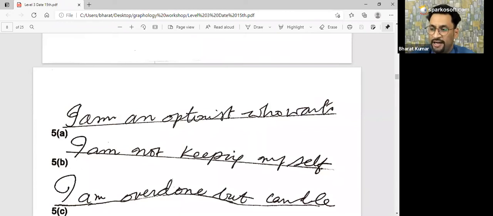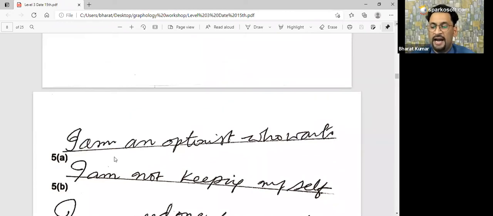Check this handwriting. I am an optimist. Listen, in the direction of the base vertical line of I, draw a line using a scale. In the direction of M, use a scale and draw a line. In the direction of A, draw a line.